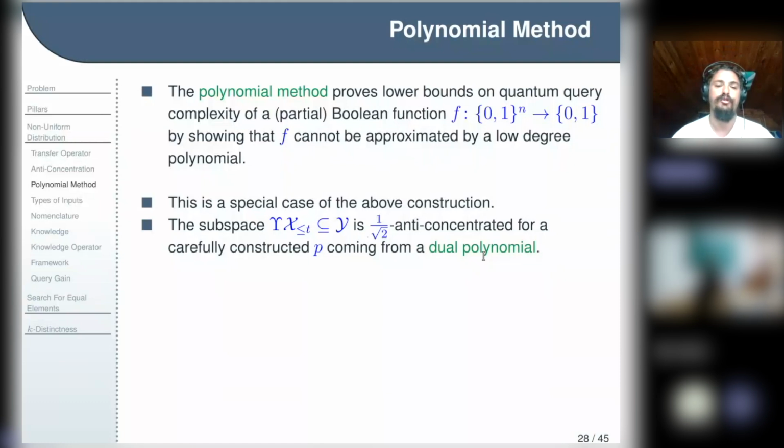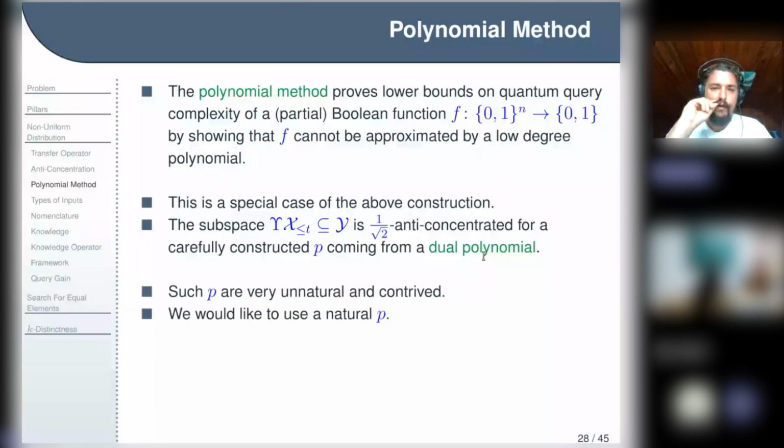From this dual polynomial, you can come up with a probability distribution p. With this distribution p, it turns out that this whole subspace is 1 over square root of 2 anti-concentrated, and this is the best possible you can get if you have only 2 outputs. It just means that the algorithm outputs correct answers with probability 1/2. It's the same as just guessing.